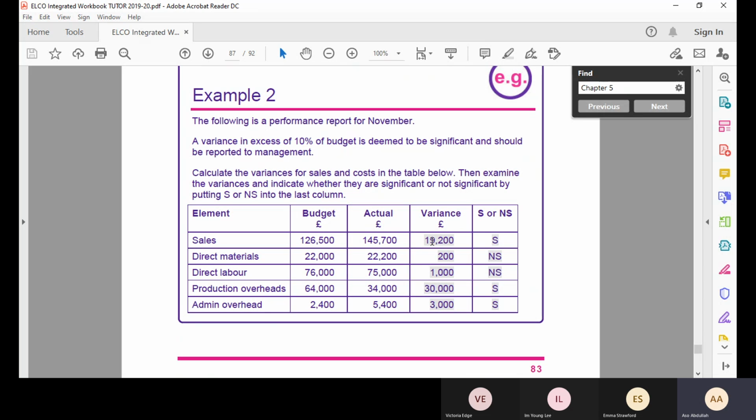It is 19,000, almost 20,000. In this situation, it says if it is greater than 10%, it is significant. So it is 19,000 divided by the budget. It is going to be more than 10%, and it is significant.